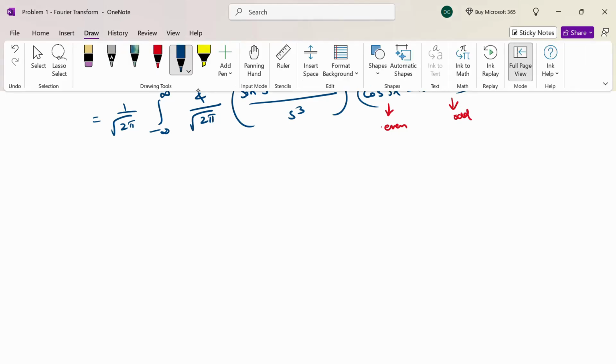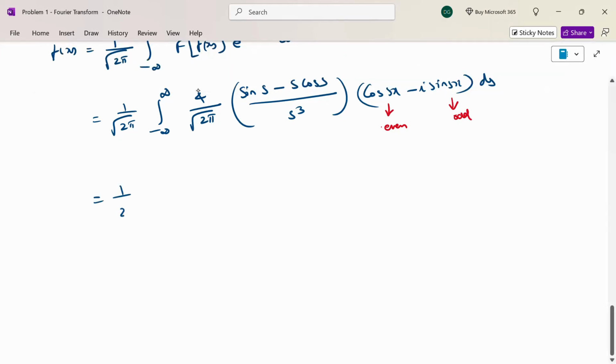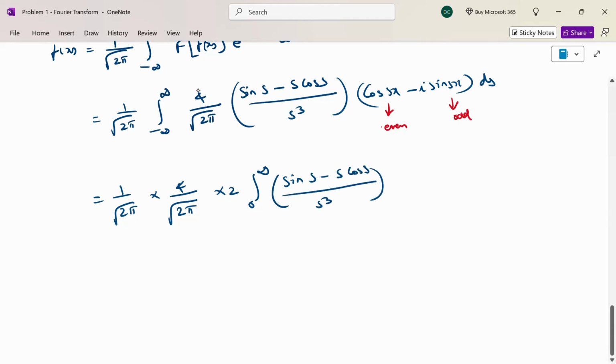Therefore, 1 by square root of 2 pi into, I'll take 4 by square root of 2 pi out, then 2 times the integral from 0 to infinity of sin s minus s cos s by s cube into cos sx, minus 0, because the other term is an odd function, so it is 0. This is ds.